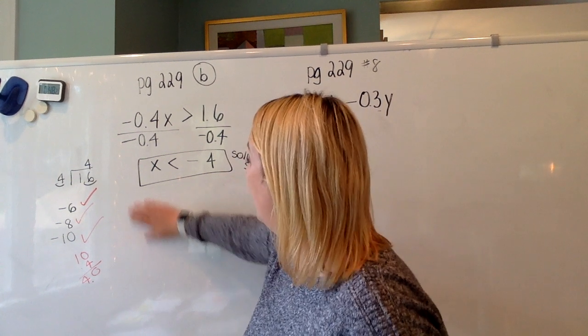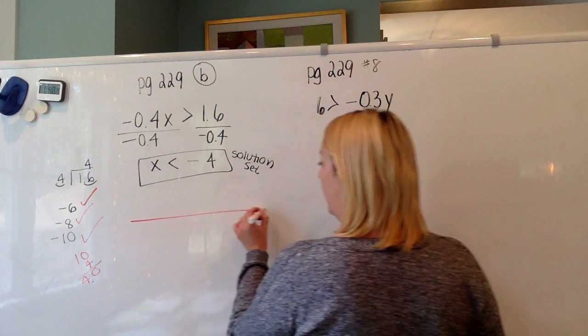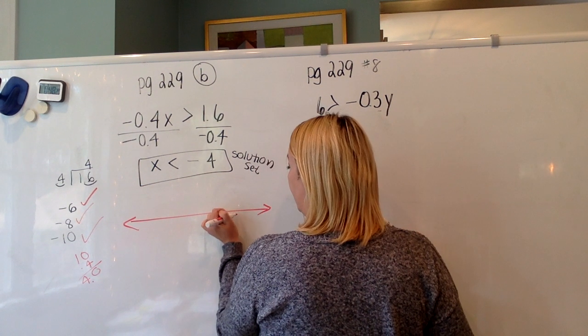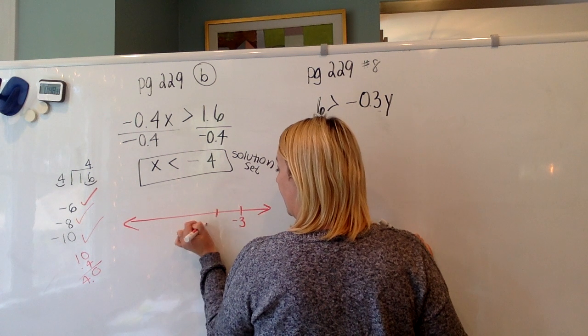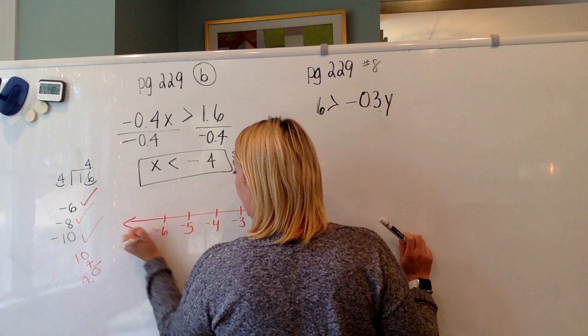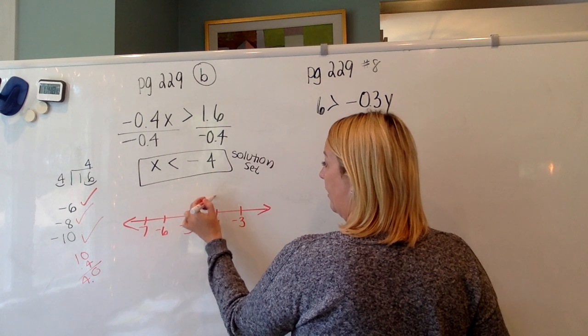So the last step that we need to do is to graph our solution set. So x is less than negative 4. So I am going to say, let's do a negative 3, negative 4, negative 5, negative 6, and negative 7. We're going to put our circle above negative 4.